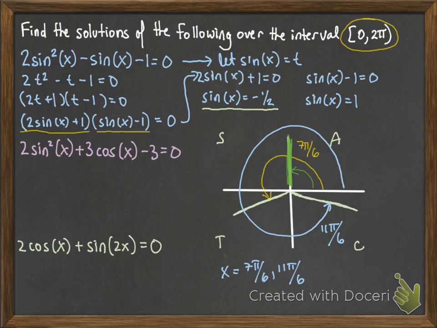So the final solution is going to be pi over 2. And so these are the three angles that, when you plug them into this original guy right here, are going to give us 0. So that's basically what we found.